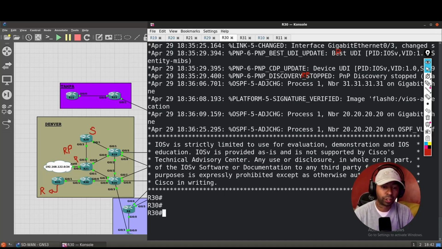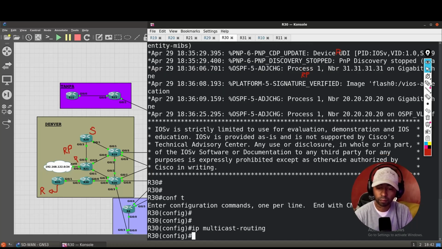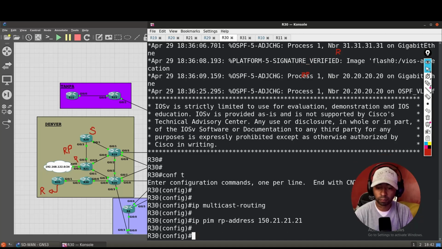On router 30, we are going to enable PIM sparse mode on gigabit 00 and 01. Config terminal, ip multicast-routing. Let's tell it who the router point is too: ip pim rp-address 150.21.21.21.